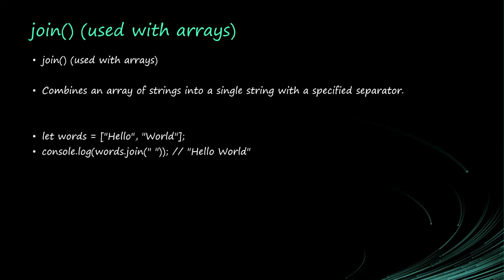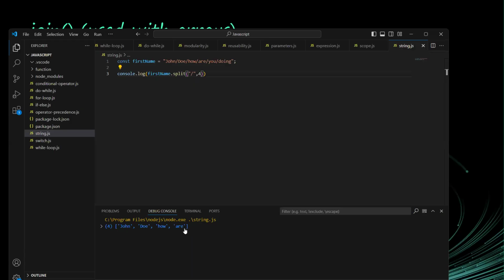So we also have the join. With this one, we will join an array of strings to become one string with a separator. Let's say I have this array. I'm sorry if you don't understand this, but don't bother too much.